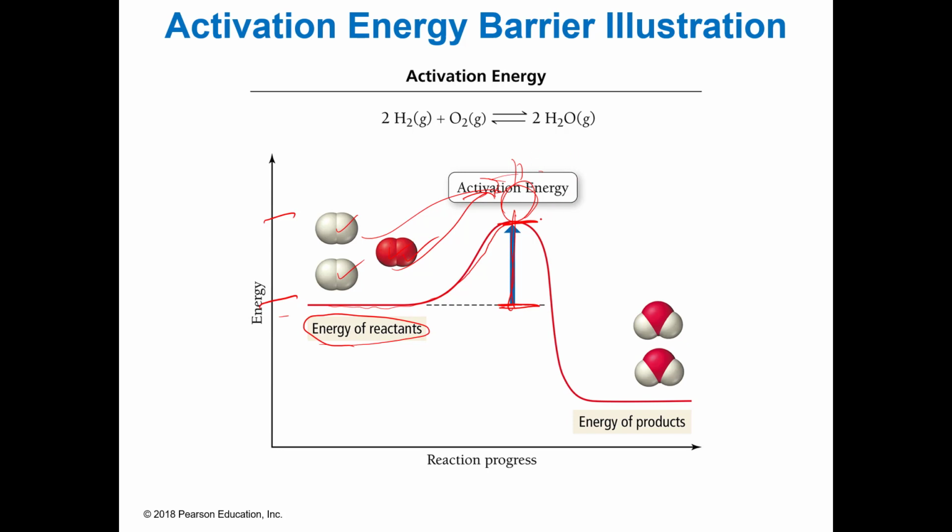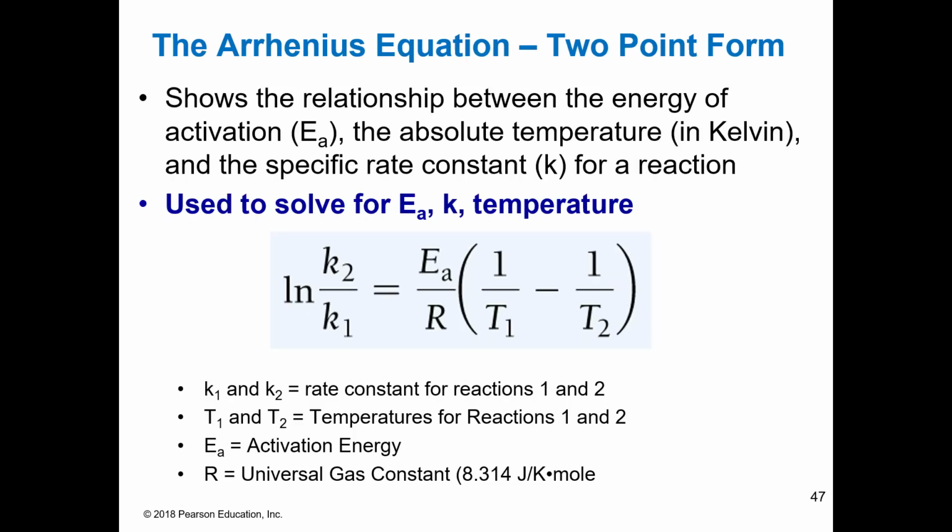Then you're downhill, and you form your compound, 2 moles of water, and the energy of the products is less than the energy of the reactants you started at. You may remember this from Chem 1. So we've seen this before.